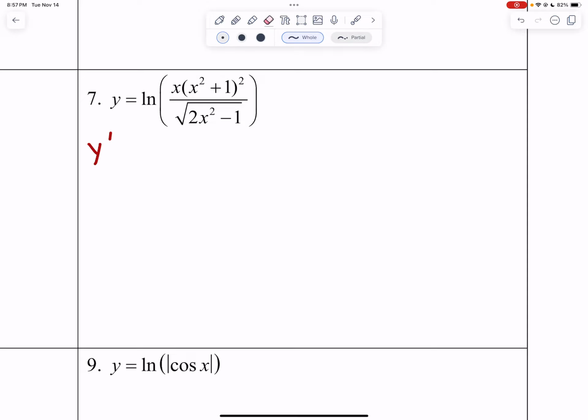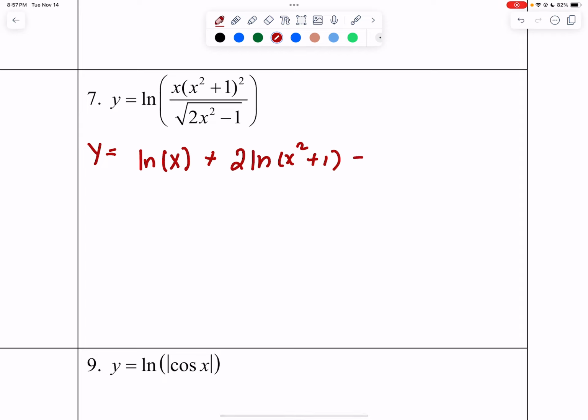Oh, well, let me actually expand this first. The numerator is going to be a plus. And then your denominator, since it's division, you're going to subtract. So you get this right here. Oops, forgot the ln.